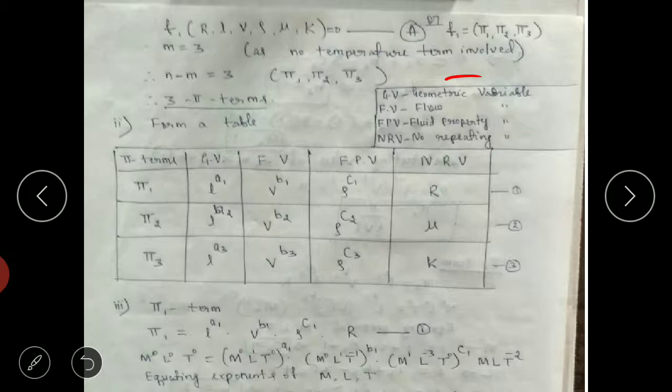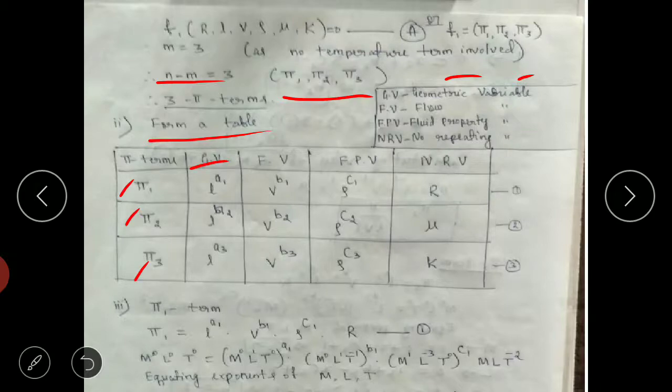In this problem there is no temperature term, so we have only M, L, T, so m is equal to 3, and the number of variables is 6. So n minus m equals 3, and we get pi 1, pi 2, pi 3, already written here. Then we have to form a table like this: pi terms, pi 1, pi 2, pi 3.